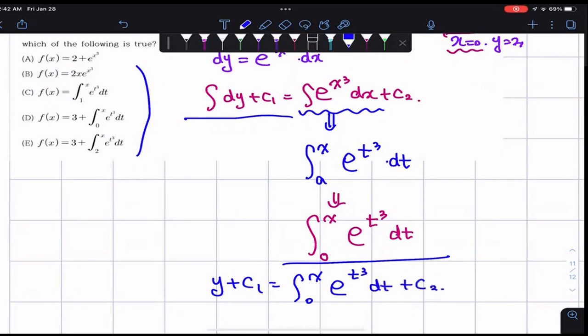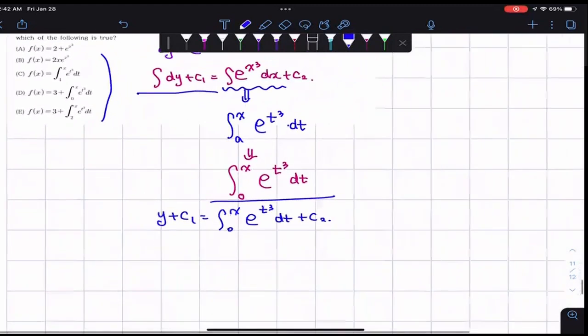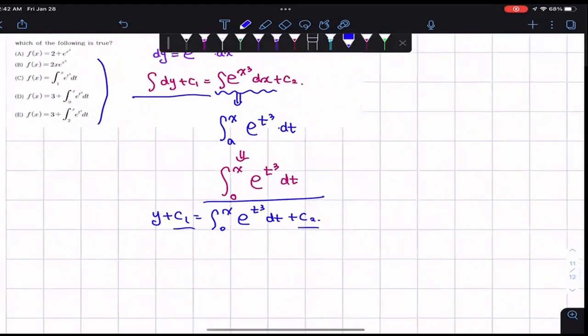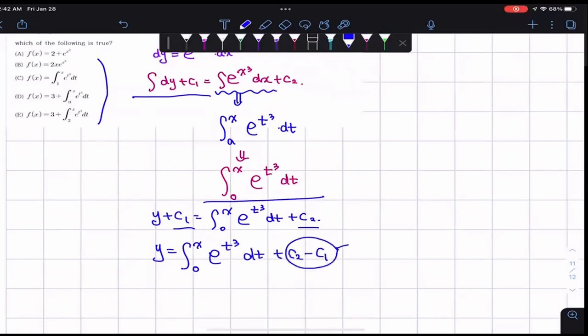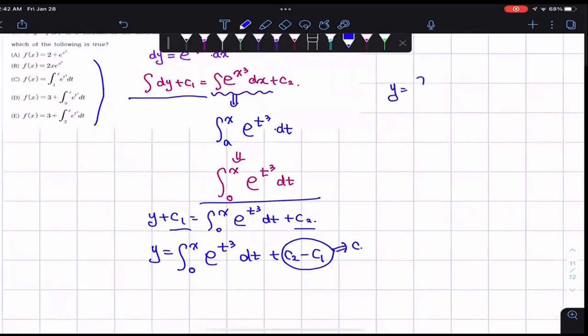So y + C1 = integral from 0 to x of e to the power of t cubed dt + C2. Move this constant: y = integral from 0 to x of e to the power of t cubed dt + C2 - C1. This is just C, so y = integral from 0 to x of e to the power of t cubed dt + C.